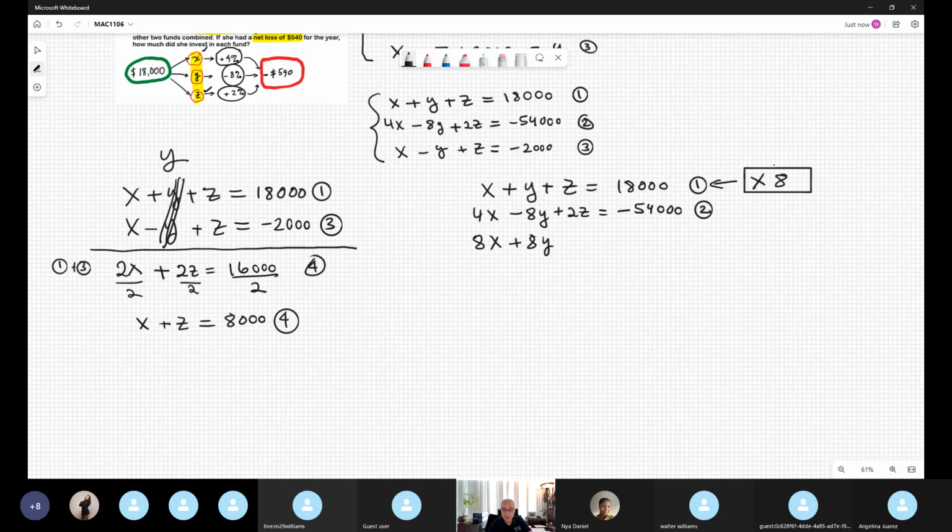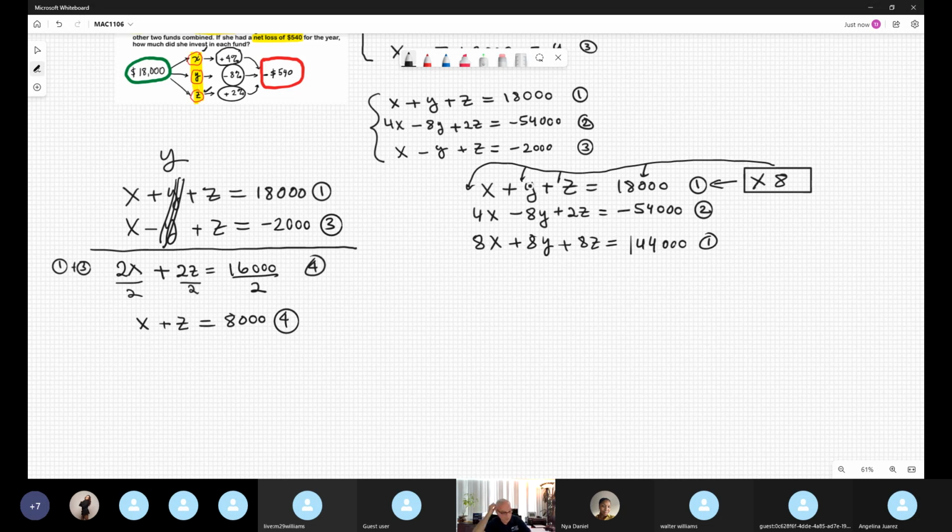I am doing the multiplication: 8 times this, times this, and of course times this, plus az equal, let's say we have 18,000 times 8 is 144,000. And this is my new equation.